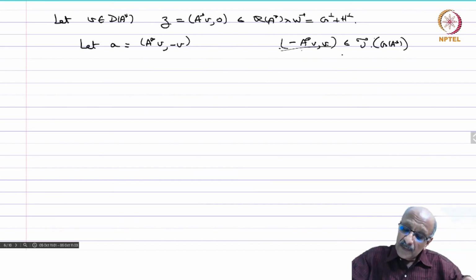But G A star is a subspace, which is equal to G A perp. But then minus of this will also be in G A perp because that's a subspace, so this belongs to G perp.